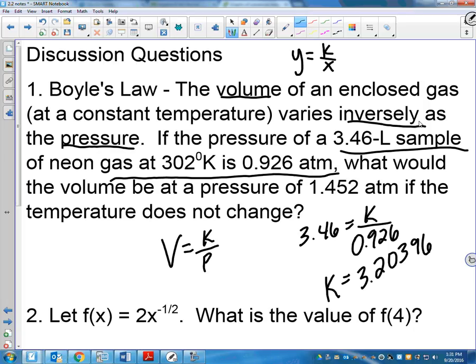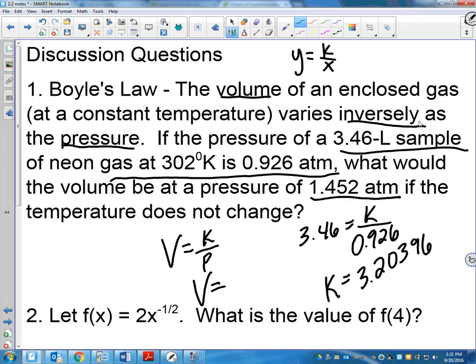So K is not the answer, and there's one on the homework that's very similar to this. I think it's the very last question on the Math Excel homework. If you solve for K and you type that in the box on the homework, it's wrong, because they don't want to know what K is. They want you to solve for the new problem: what would the volume be at a pressure of 1.52 atmospheres given this K value.